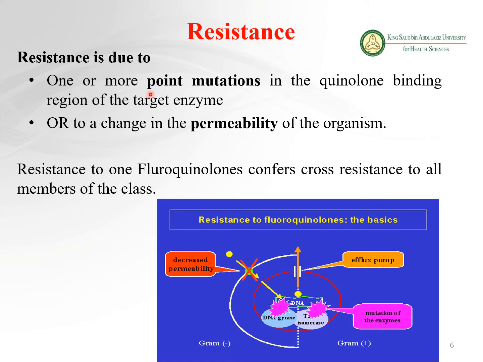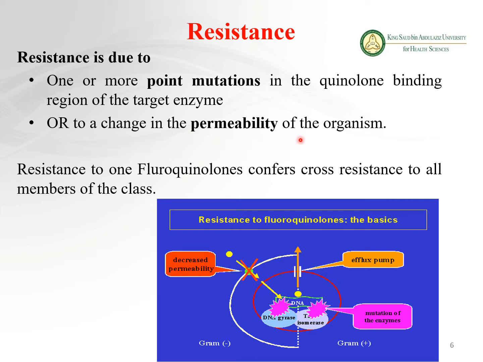So one or more point mutations in the quinolone binding regions of the target enzyme, like topoisomerase or DNA gyrase, mean the binding site can mutate and the drug will be unable to bind to its receptor or binding site and will become inactive in these organisms.